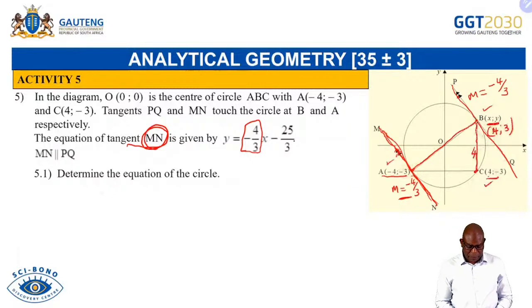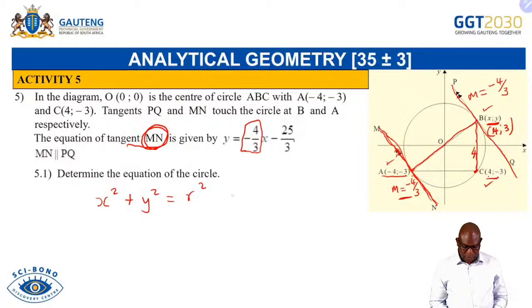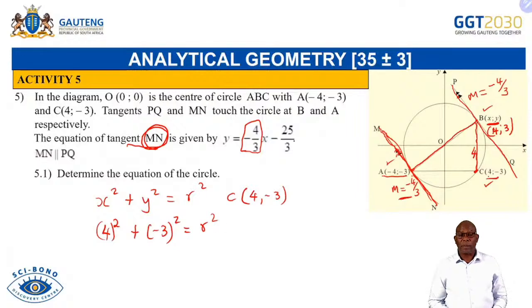So I can have x squared plus y squared equals r squared. Then substitute any of those. I prefer point C. Let me use point C, 4 and minus 3. So I'll get 4 squared plus, put brackets, minus 3 squared equals r squared. So r squared will be 16 plus 9, which is 25.